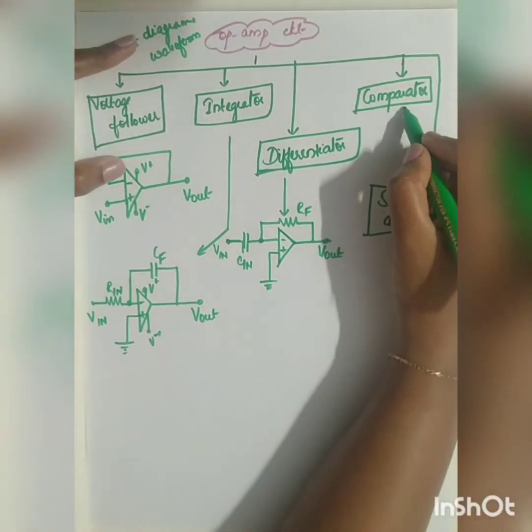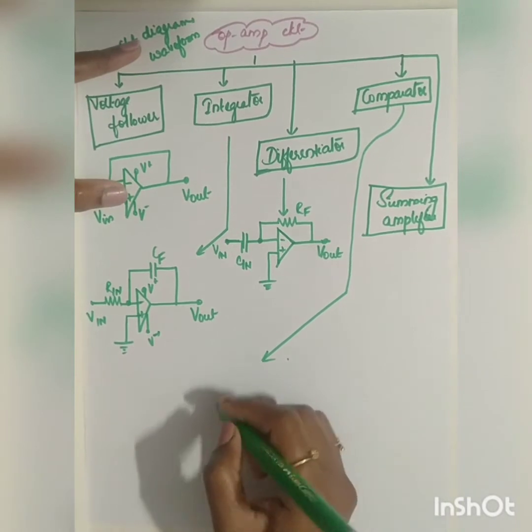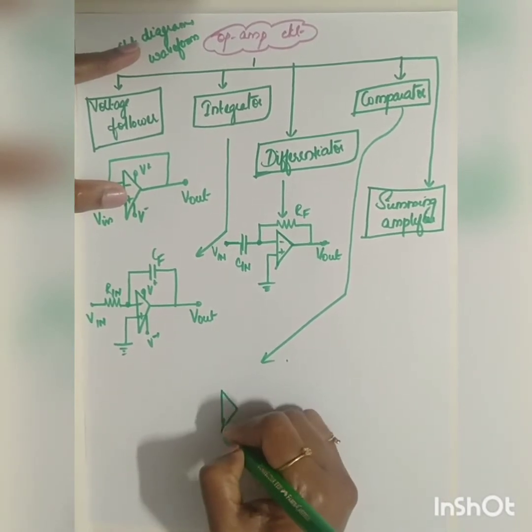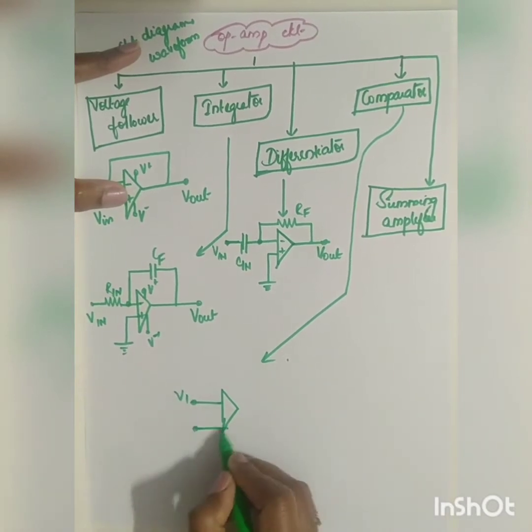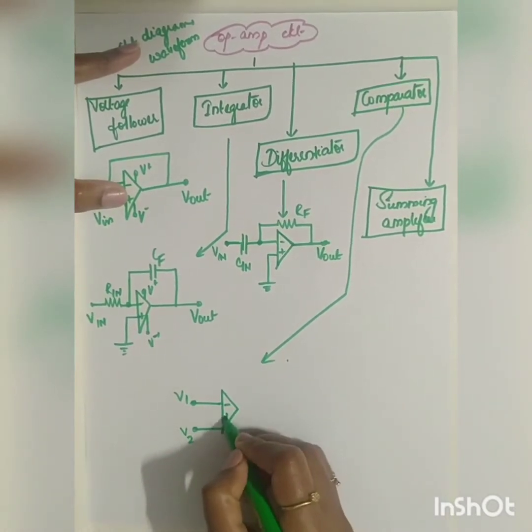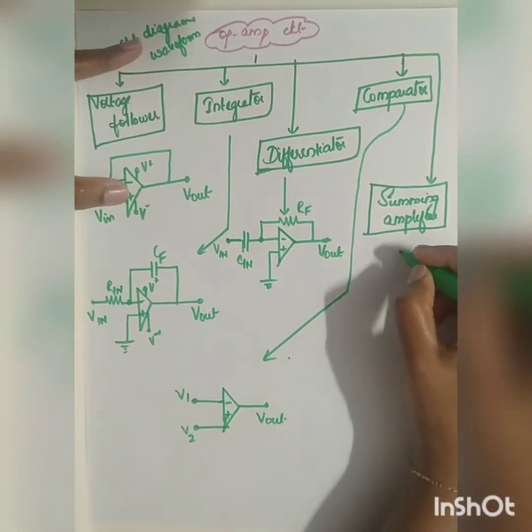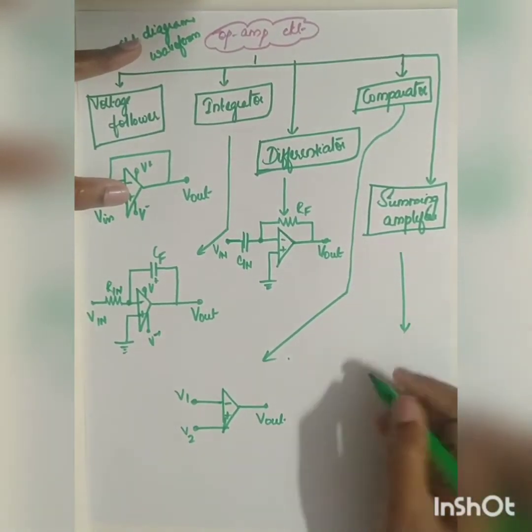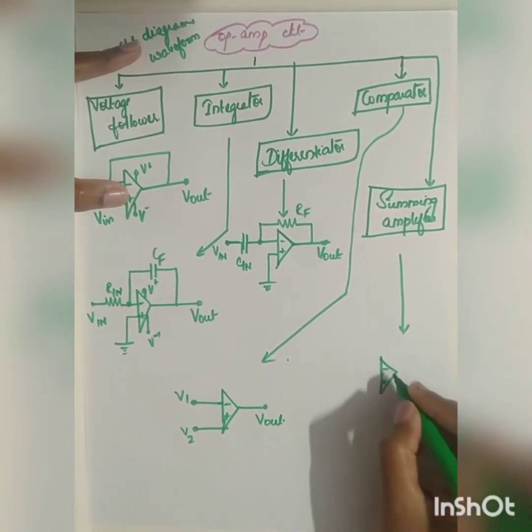Comparator, as we have seen in your previous video, is an open loop circuit, right? So you have two inputs here, V1, V2, without feedback, plus this will be your output. Now the last one is your summing amplifier. Summing amplifier means you are going to apply more than one input.